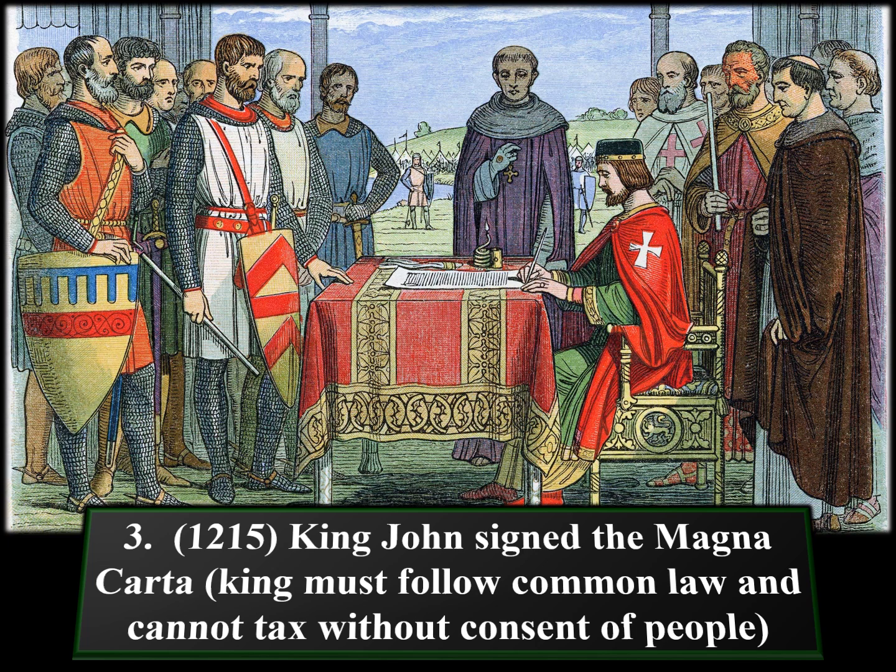So in 1215, King John is forced by the nobles of England to accept some limits to his power. King John signed the Magna Carta, which basically states that the king must follow common law and cannot tax the people without their consent.